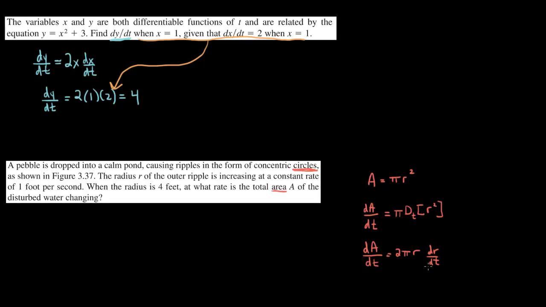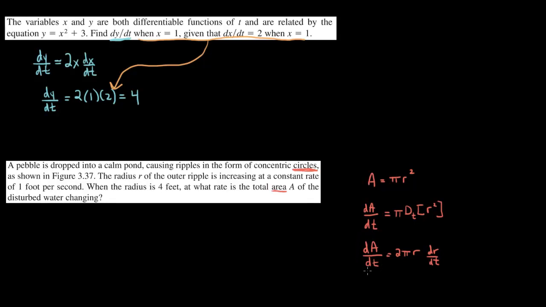So this is what we're working off of. Now, we want to find the rate of change of the area. Which one of these is that? It's dA/dt, the rate of change in A with respect to t. This term says the rate of change in r with respect to t. So dA/dt is what we're solving for.